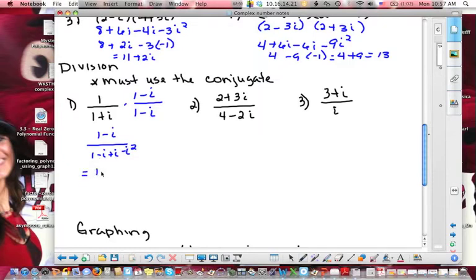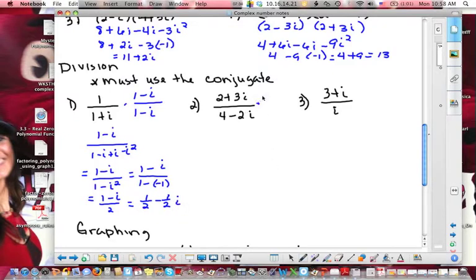So I have 1 minus i over 1 minus i squared. i squared is a negative 1, so this will end up being 1 plus 1. So I'd have 1 minus i over 2. And then to go to standard form, which is a plus bi form, you split it: 1 over 2 minus i over 2, or 1/2 i.